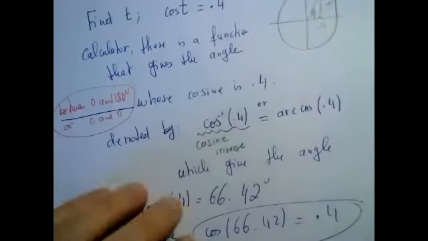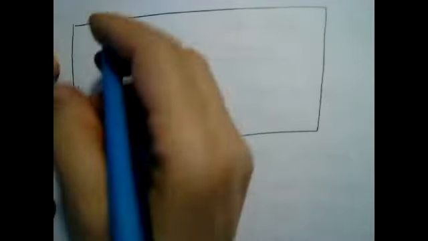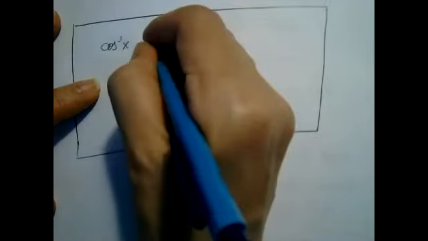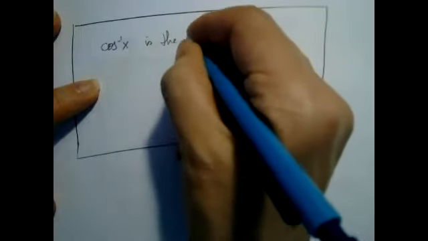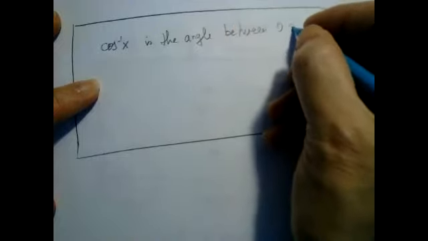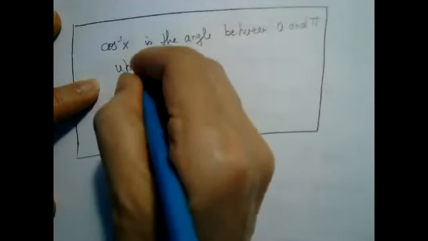So let me define it in a more rigorous way. What's the cosine inverse? Okay, so in general, cosine inverse of x is the angle between 0 and pi, I'm using radian, whose cosine is x.